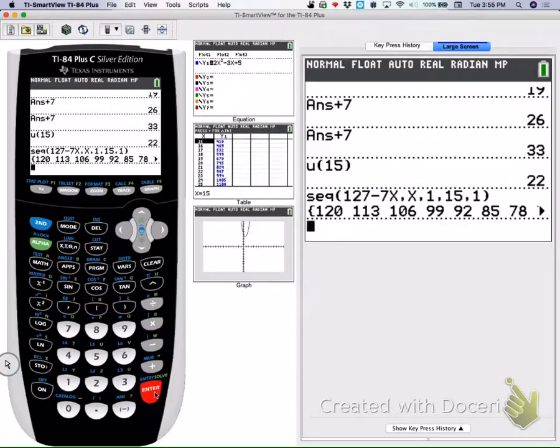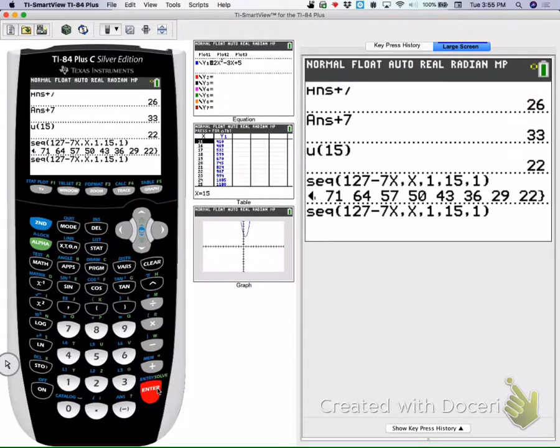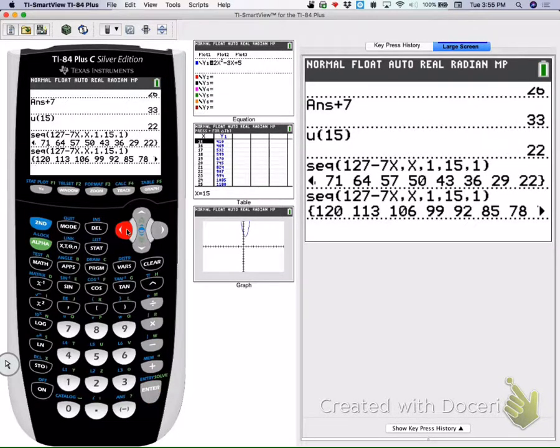So 120 is my first term, 113 is my second term. And then if you arrow here, it'll give you eventually that 15th term. Now, if you want to just do the 15th term, I'm going to hit second and the enter button to bring back up what I just typed in.